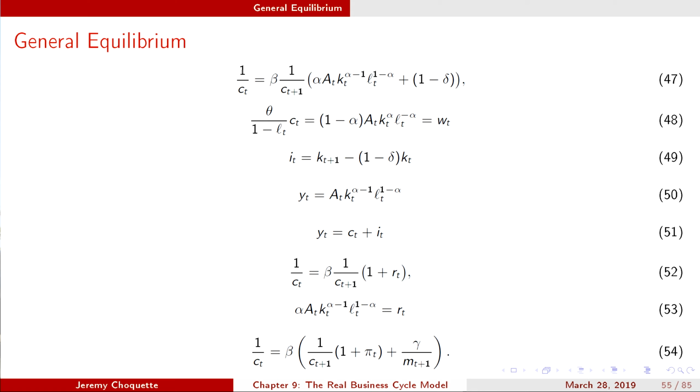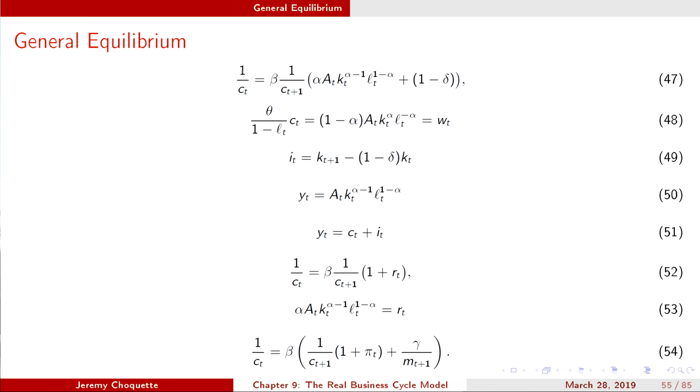Next, we have the labor supply being equal to labor demand, so theta over 1 minus L_t times C_t, labor supply, also determines the reserve wage rate, equals 1 minus alpha times A_t times K_t to the alpha times L_t to the minus alpha, which is the marginal product of labor, which is equal to the wage rate. So what that says is your real wage in a perfectly competitive market is equal to exactly how much value one more unit of your labor adds to output for the firm.